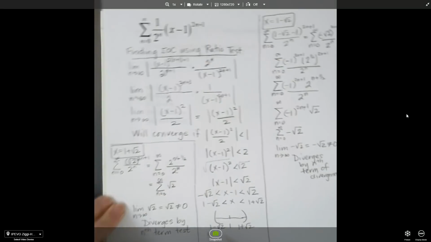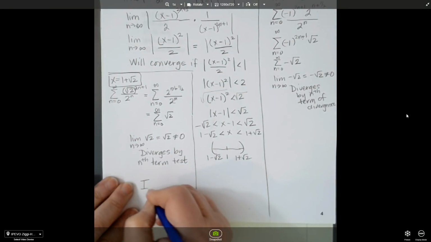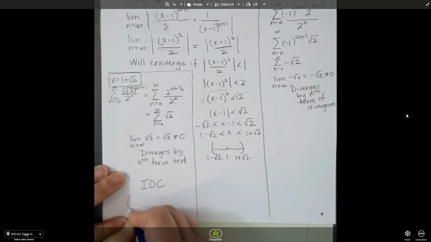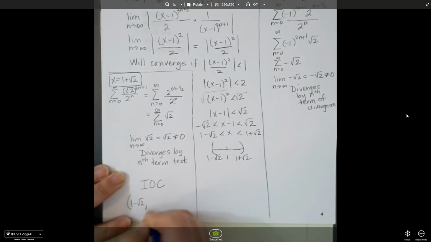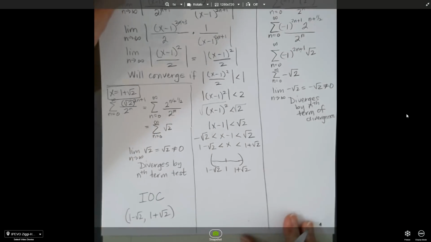And so my IOC, by its very definition for this problem, remains 1 minus root 2 to 1 plus root 2, and it's open on both ends. Yeah, some messy exponential work on that one, but it's kind of fun.